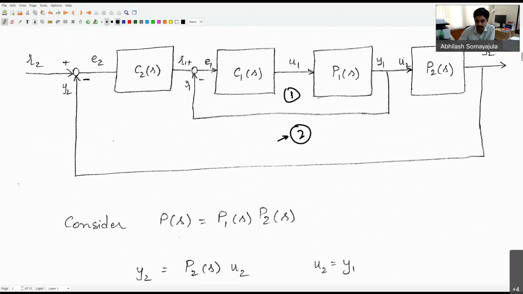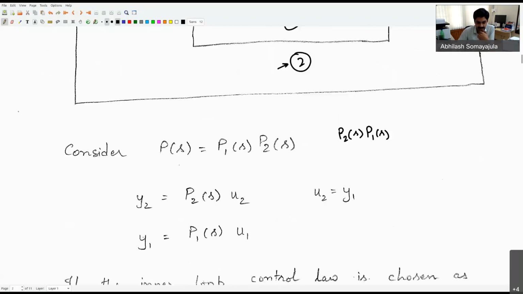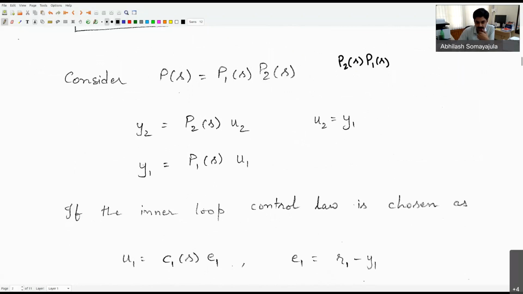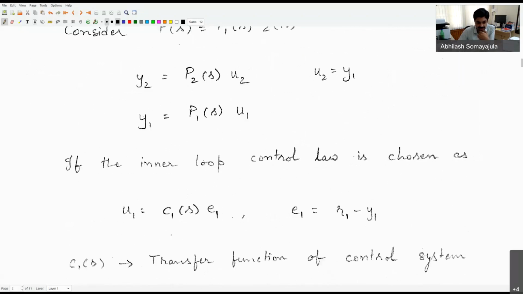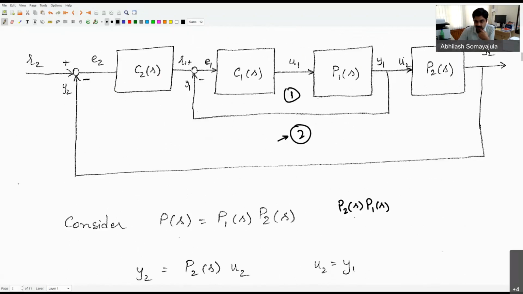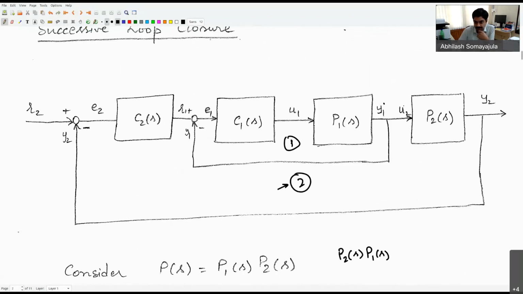So given that I have two plants, the plant is given by P2 times P1. And then if we want to close the inner loop using a controller C1, such that U1 is given as C1 times the error between Y1 and R1, where Y1 is the output of plant P1 and R1 is the reference signal that I want this inside control loop to track.